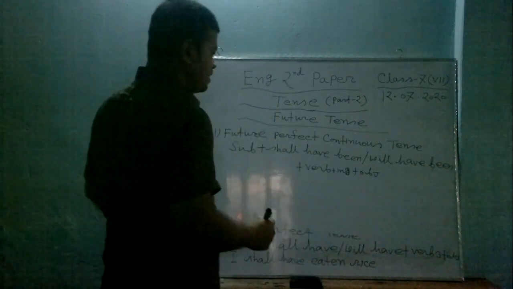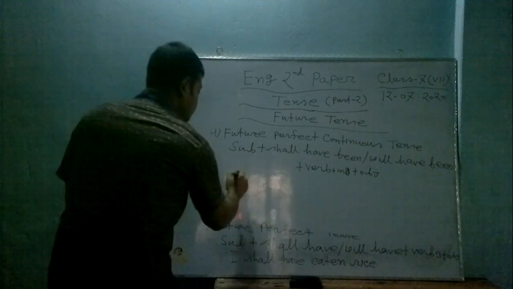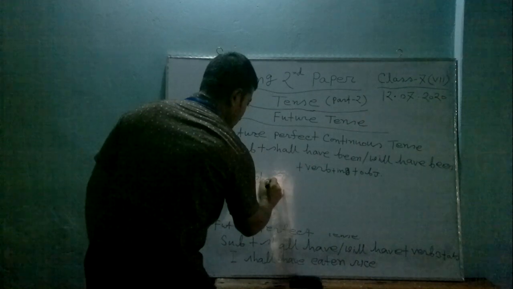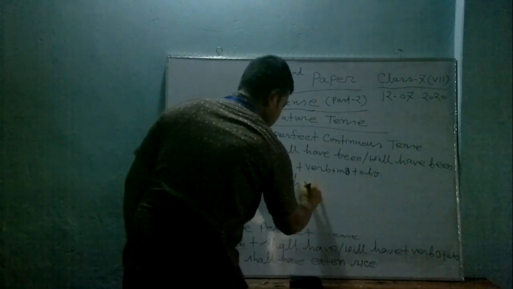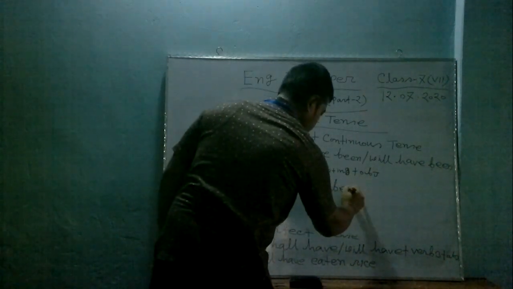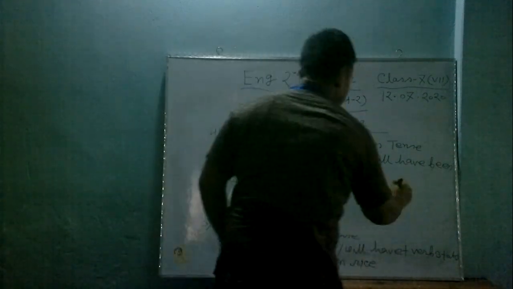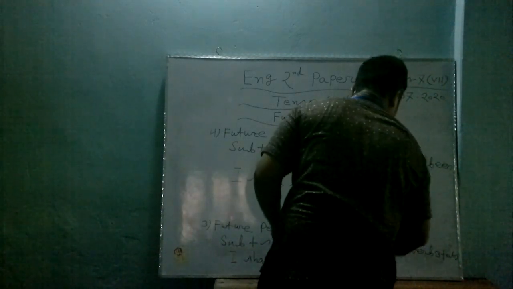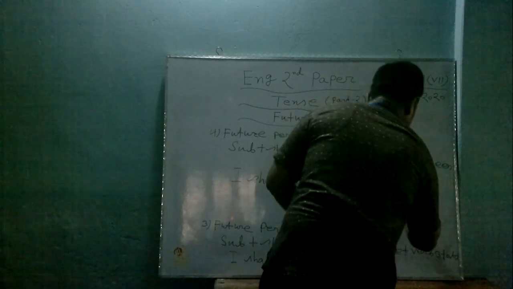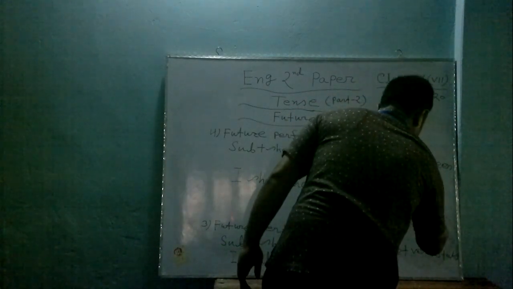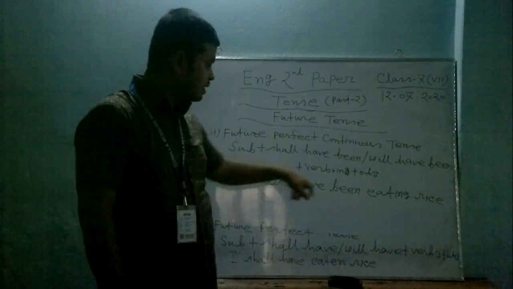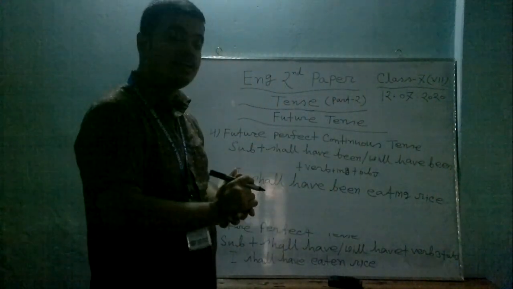Now we can make a sentence by following the structure. Here subject is I and auxiliary verb is shall have been. Then the verb is eat and we add ing with the verb. The pronunciation will be eating. So the sentence will be: I shall have been eating rice.